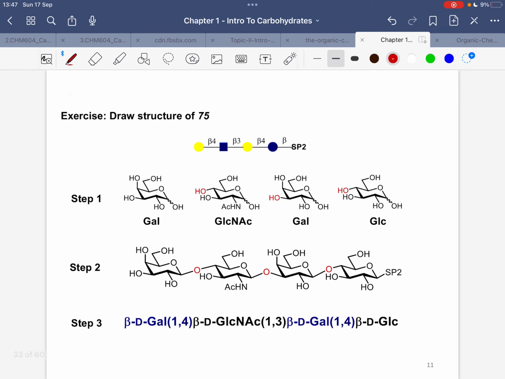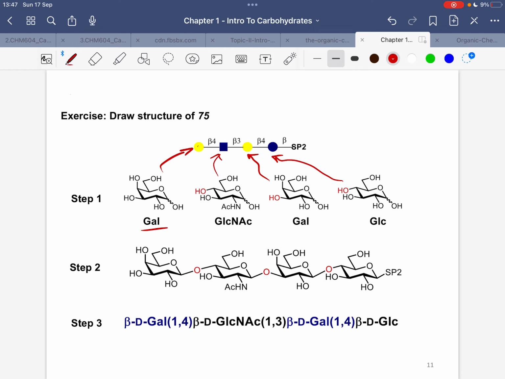So here, draw a structure of 75. This is molecule 75. Here, the yellow one pertains to galactose. The blue square is N-acetylglucosamine. That was a galactose unit again, and glucose, the dark blue circle.